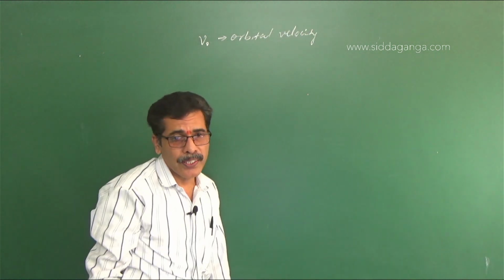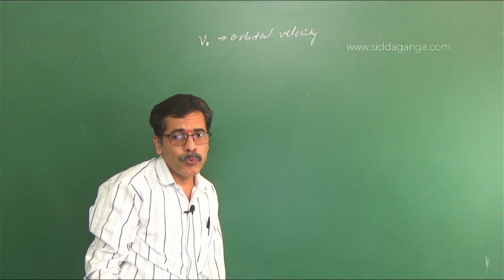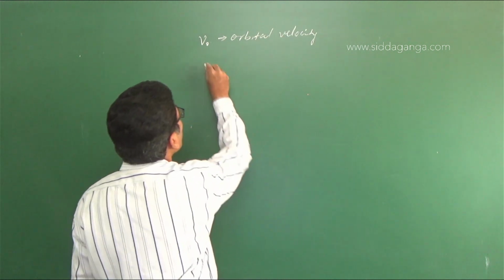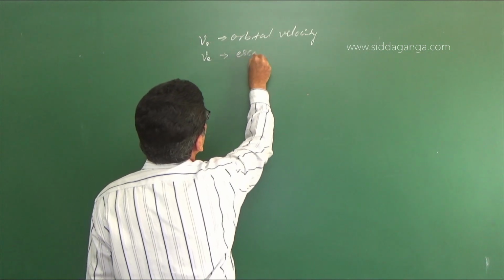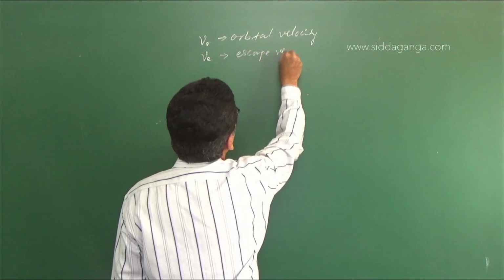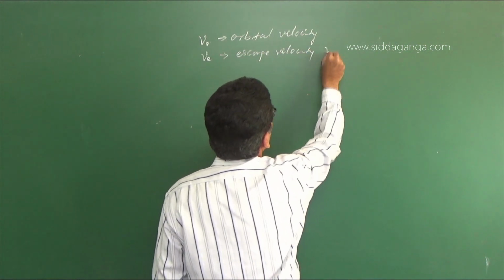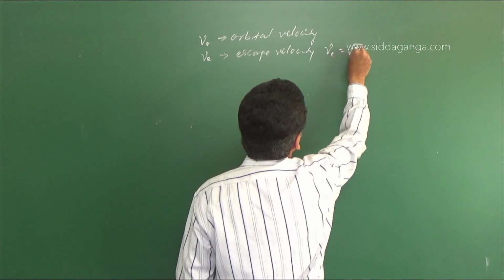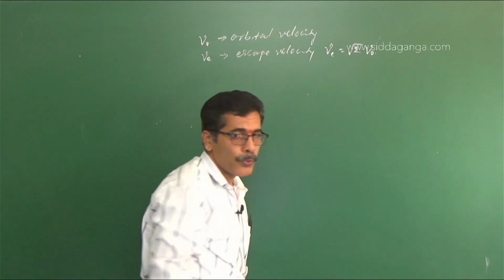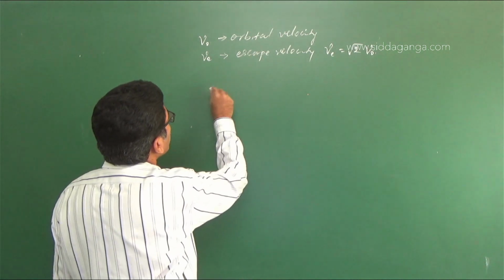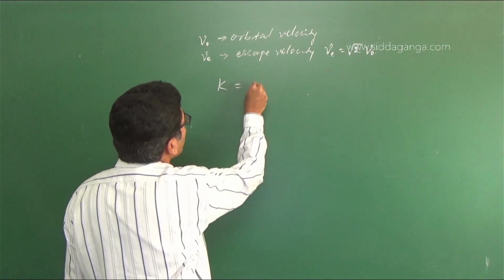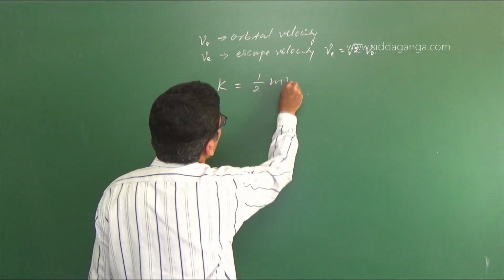And it has to overcome the gravitational pull, so we need the escape velocity, v. You know that escape velocity is given by root 2 times v naught. Now the initial kinetic energy is K is equal to half m v naught square.